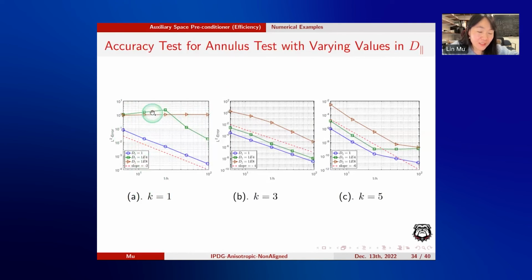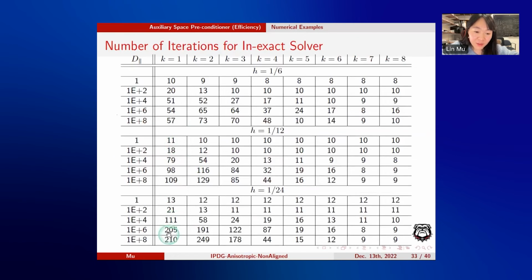For this case, there's no decaying of the error, and also for k equals 1e positive 6. If h is fine enough to resolve the anisotropy, we can observe the decaying of the error. So this means k equals 1 with strong anisotropy doesn't work, and the condition number here may not be right for achieving the accuracy we require.